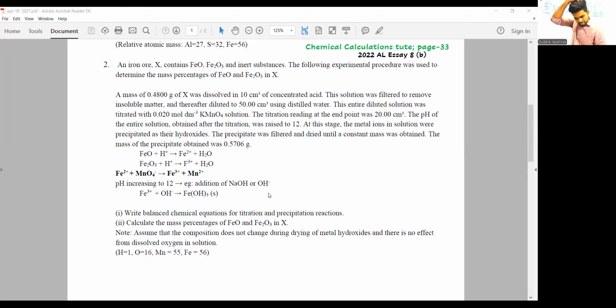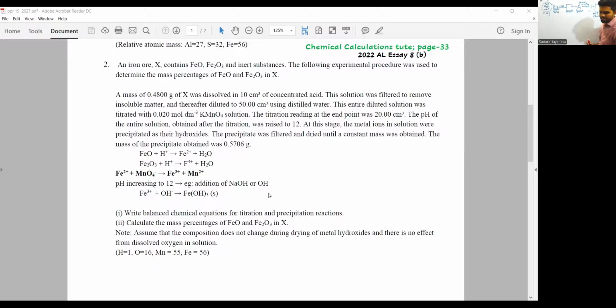So the precipitate was filtered and dried until a constant mass was obtained. The mass of the precipitate obtained was 0.5706. This is the gram value of that part.